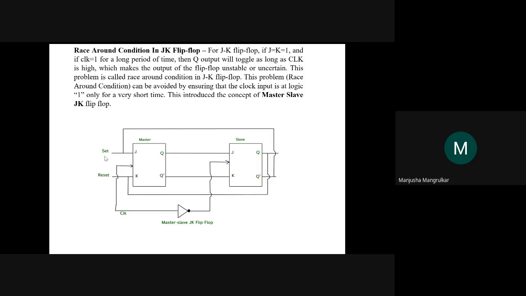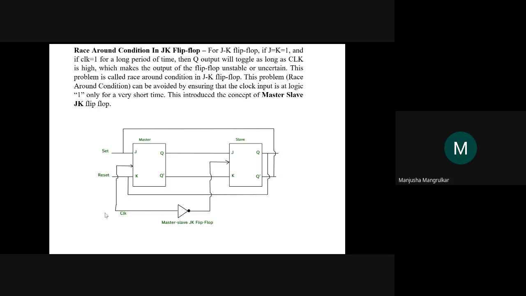Now how does it work? This is the set and this is the reset, J and K, right? If this clock is equal to 1, your output will be from this master flip-flop, right? Because if this is 1, this is 0, so the slave will not work, there will be no change, right?